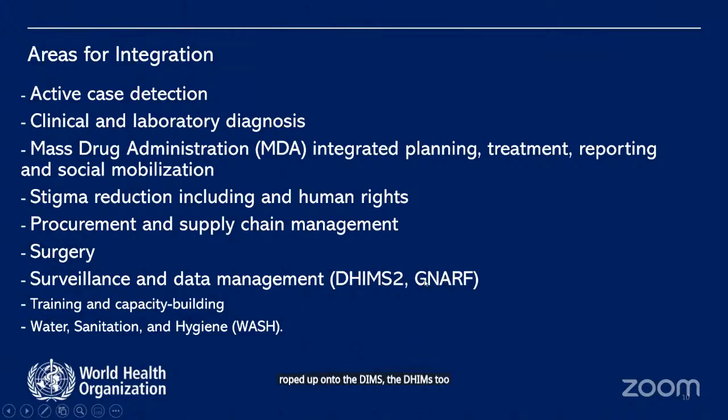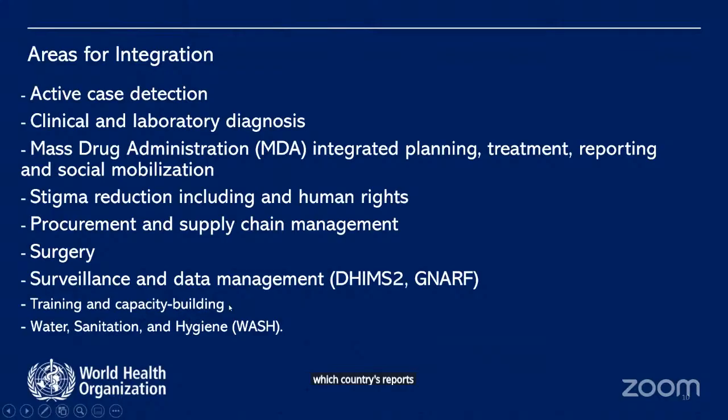And then we have the Global NTDs Annual Reporting Form. And this one collates the reports from all the NTDs at a go. So this is already an integrated kind of reporting, which countries report.